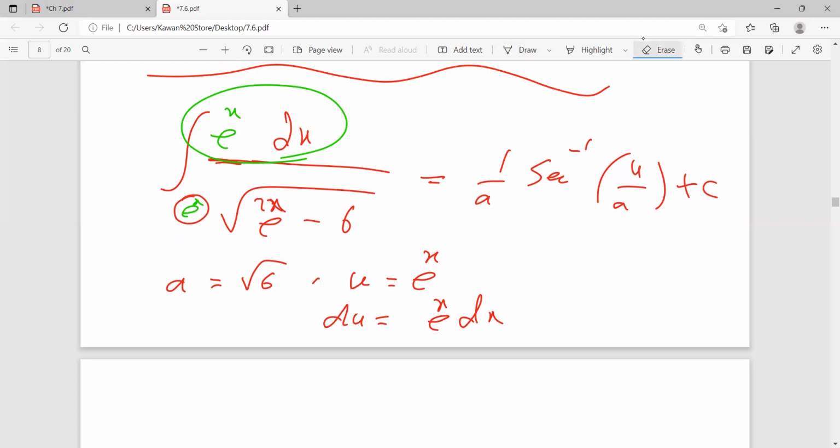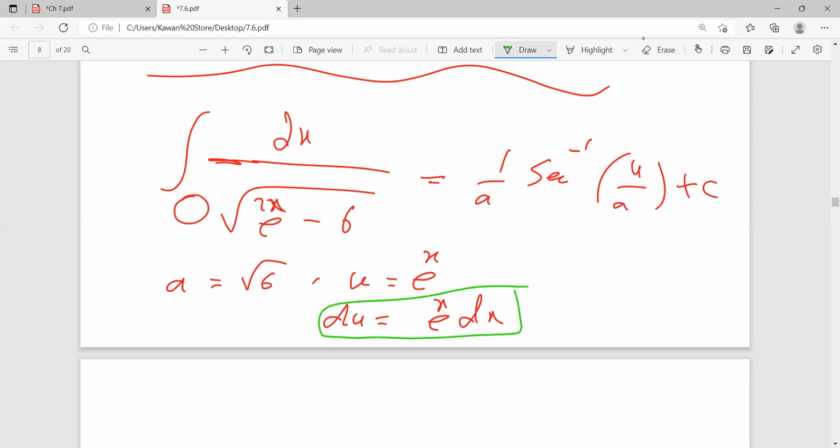Why do I add that one? Because our du is like that, but here I have just dx. And I told you, you cannot add e to the power x here and 1 over e to the power x here. If you add like that, it means you took x out, which is a taboo. You cannot take x out of a limit, an integral, or a derivative. We say that many times.